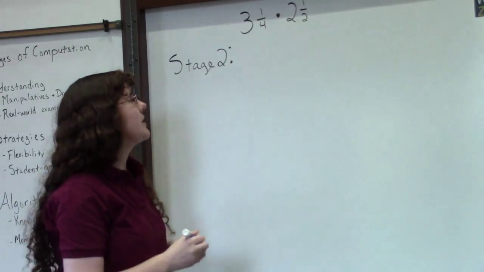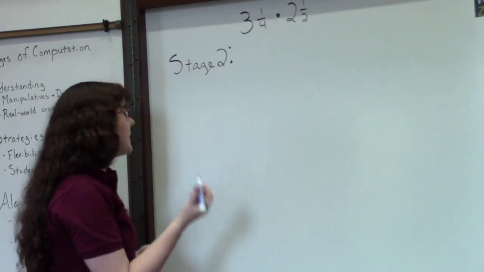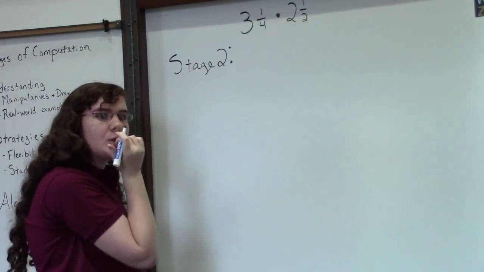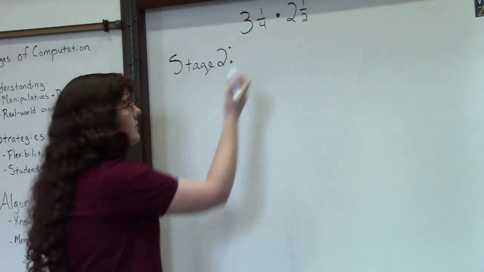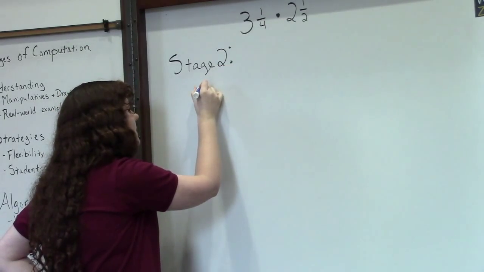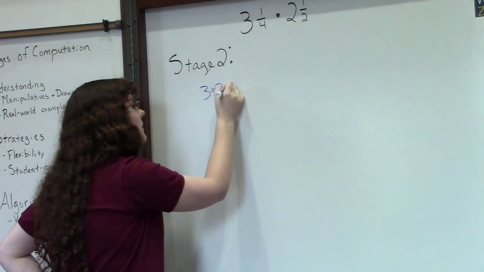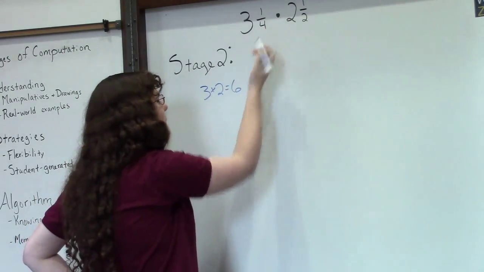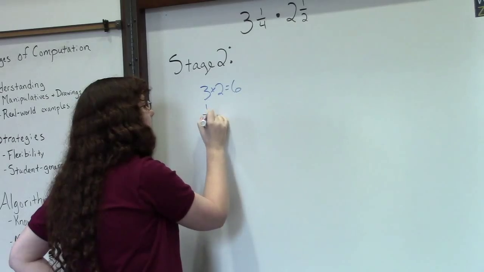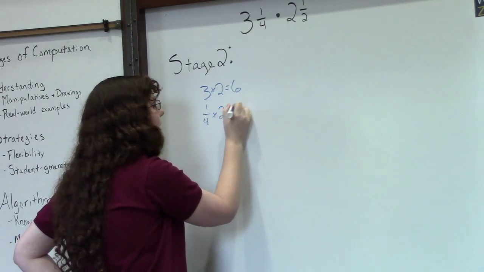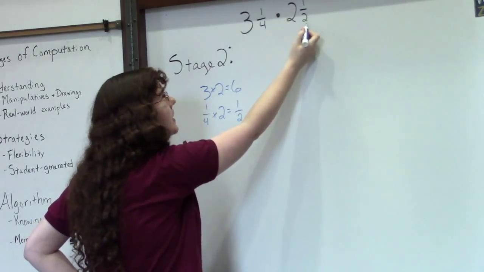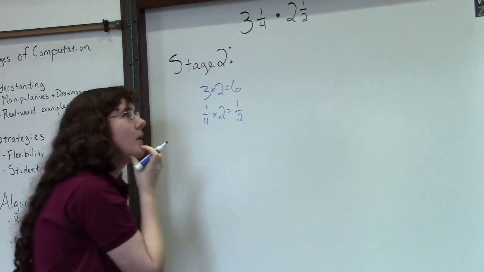So 2 copies of 3.25 would be, let's see, how about start with 2 copies of 3. So 2 copies of 3, well, that's 6. And then you could take 2 copies of 1/4, and that would get you 1/2. And then you still got a 1/2 copy left of 3.25.